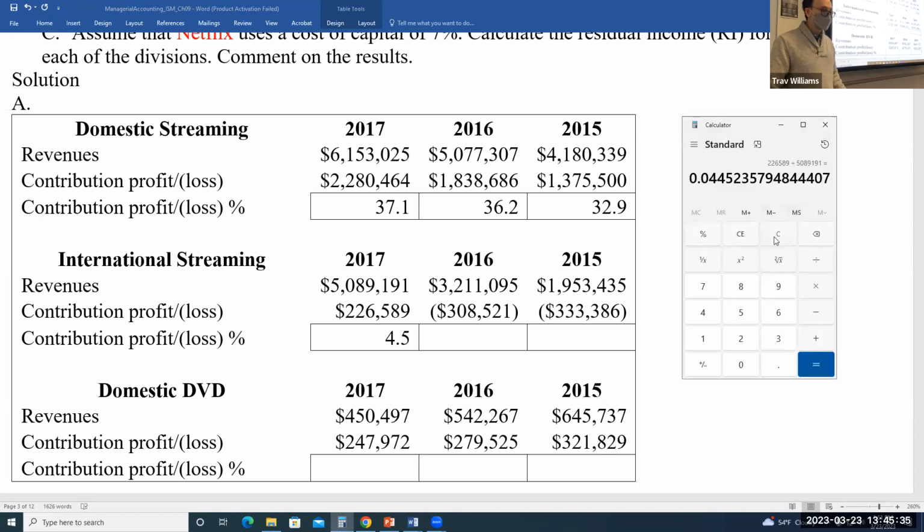And when we get to international streaming for 2015, notice it's a loss. You have to enter it as a negative number. So there was a 9.6% loss.